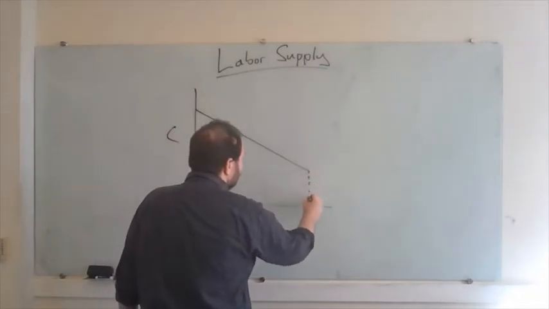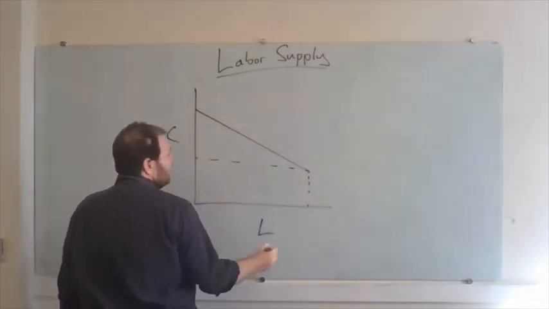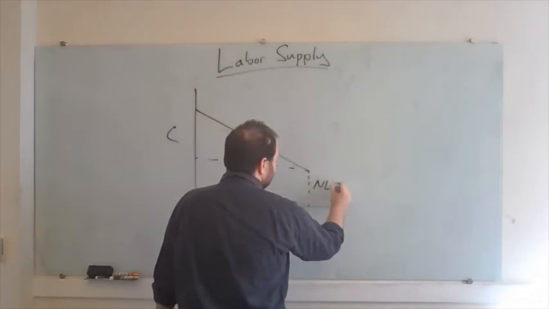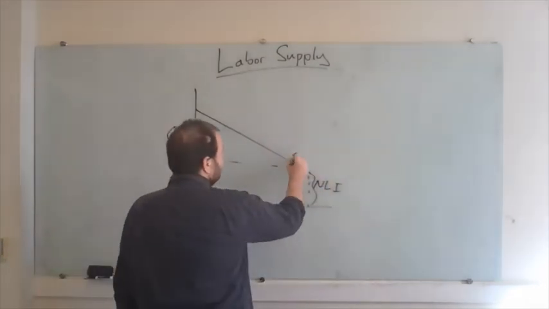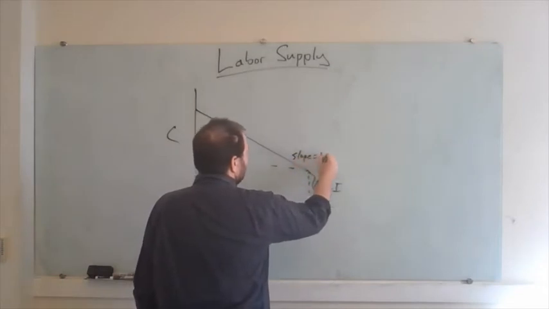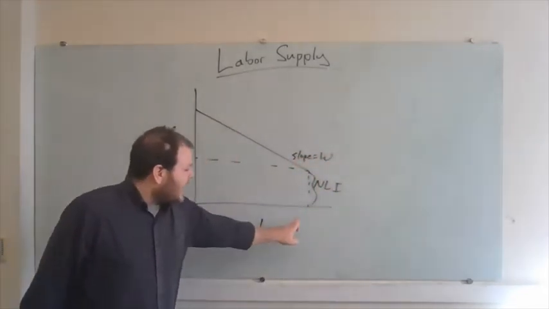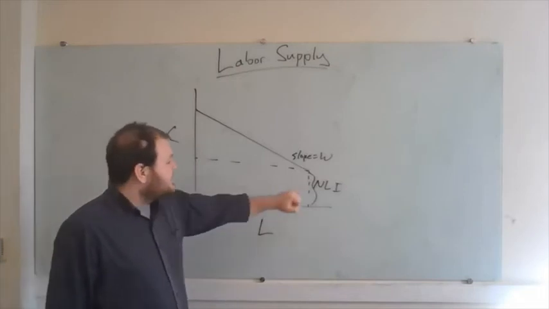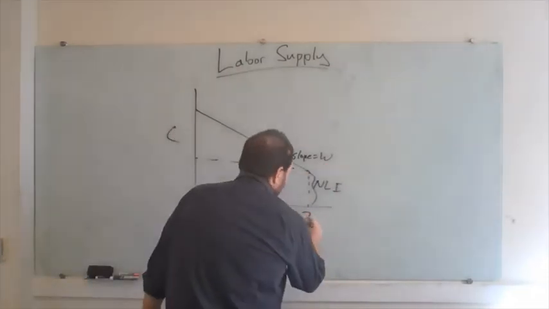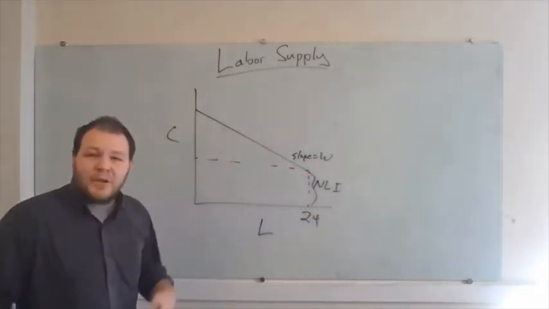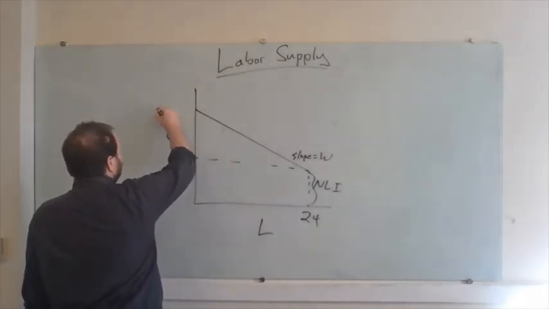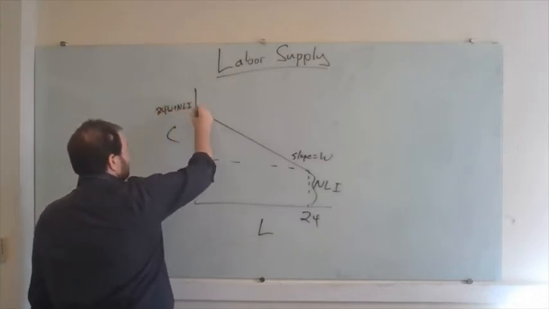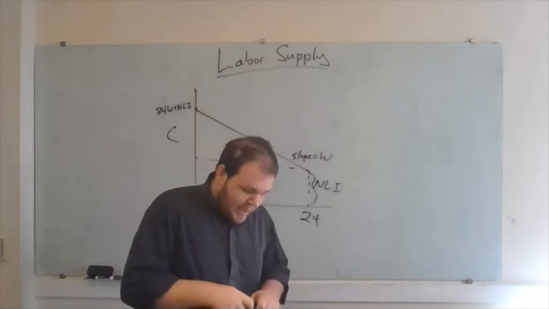We have maybe a budget constraint like this, where we have some non-labor income, if we're lucky, and then we have a wage rate, and each hour of leisure that we give up gains us W units of consumption. So we're thinking about a particular day, we might say that we've got 24 hours of leisure to burn, and we could get up to 24W plus our non-labor income in consumption, right?